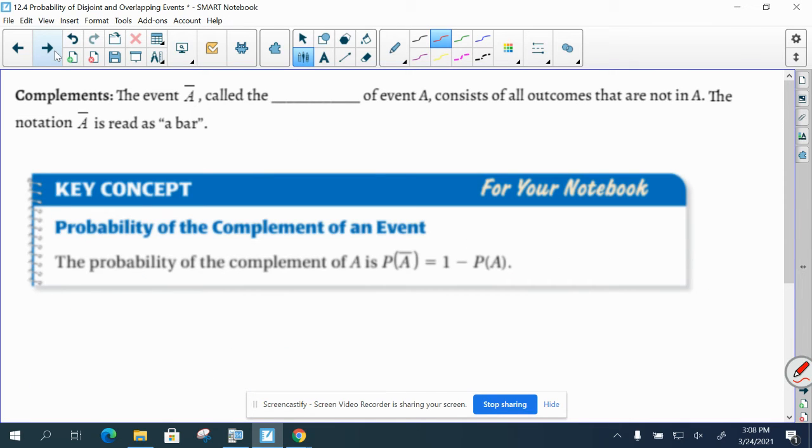Okay, a complement. I've kind of already talked about complements in the previous lesson, but it's notated as a bar. It's called a complement, and it consists of all of the outcomes that are not in A. A little trick is if it's asking you to find the probability of at least 2, then to find that, you would find the complement of none of them.